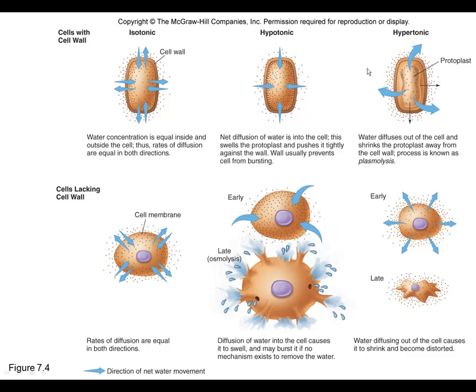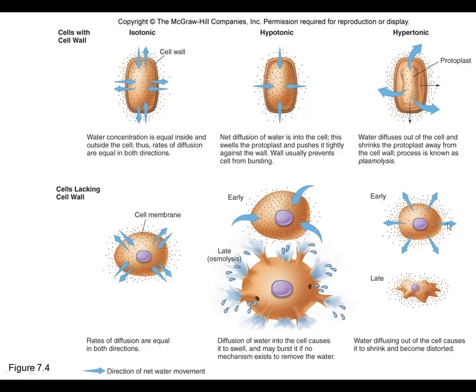You don't have a whole lot of problem with hypotonic solutions in bacteria because of the cell wall, but in hypertonic solutions the cytoplasm basically dries up, and everything on the inside has no water source, and so the cell is going to go through plasmolysis, and basically the protoplast or the cytoplasm within the cell is going to shrivel up and die.